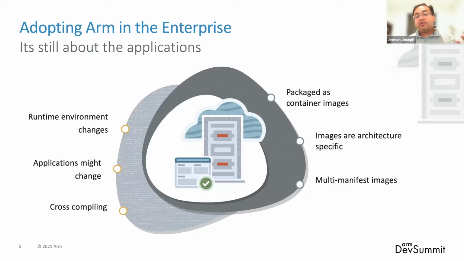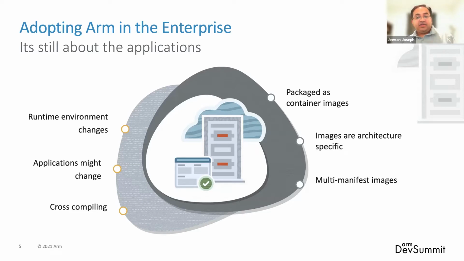It's a single URL, but if an ARM machine is requesting that image, you get the ARM version of that image. And if an x86 machine is requesting that image, you get the x86 version of that image. So it's kind of like a facade, if you will, right? So image registries can solve most of those architecture-dependent things.